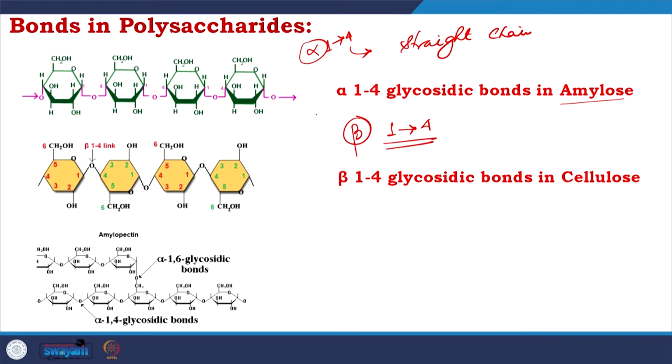Now, you see the branching where you see the presence of both alpha 1 4 and alpha 1 6 glycosidic bonds. This is present in a polysaccharide called amylopectin. So, when you have 1 to 4 you get a straight chain, when you get 1 to 6 you get a branch. A number of such permutations and combinations are possible.